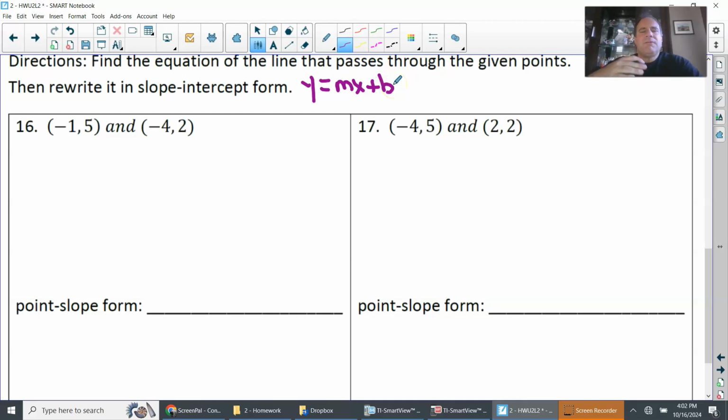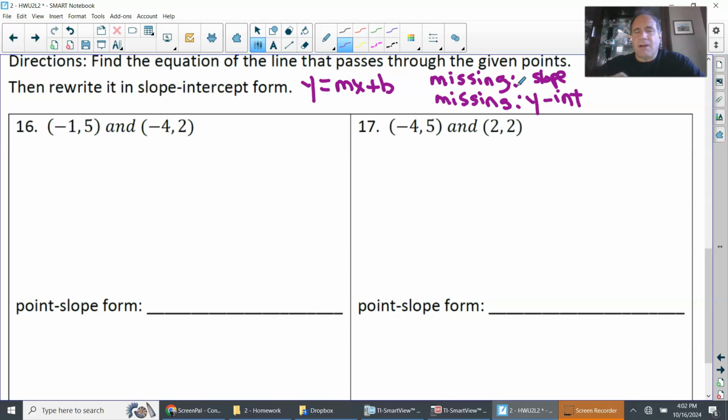And if you had the slope and the y-intercept... You're missing the slope, and you're missing the y-intercept. You're missing those two things.